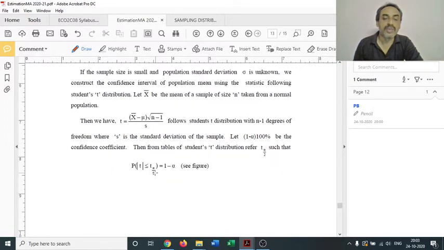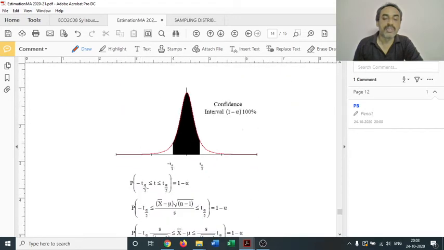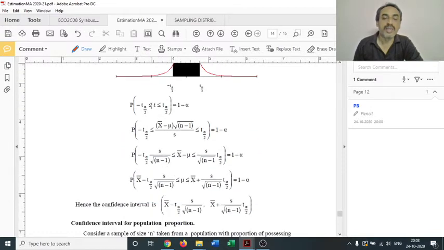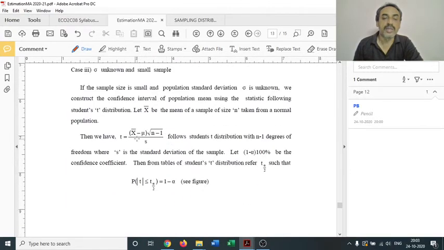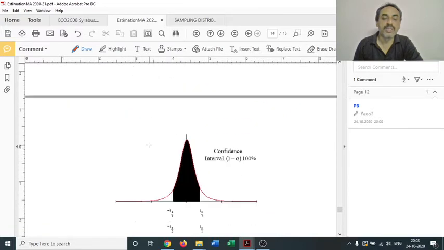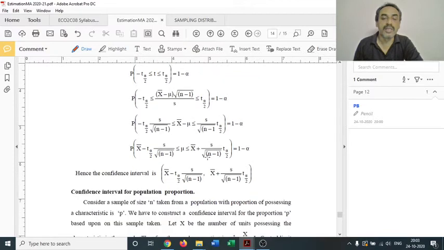And as before, we get these two limits, minus t alpha by 2 and t alpha by 2, such that the probability between these two limits will be 1 minus alpha. Next we replace the middle variable t using the present statistic, that is (x bar minus mu) root n minus 1 by s, and certain mathematical simplifications are done so that we get the two limits as x bar minus t alpha by 2 s by root n minus 1 and x bar plus t alpha by 2 s by root n minus 1.